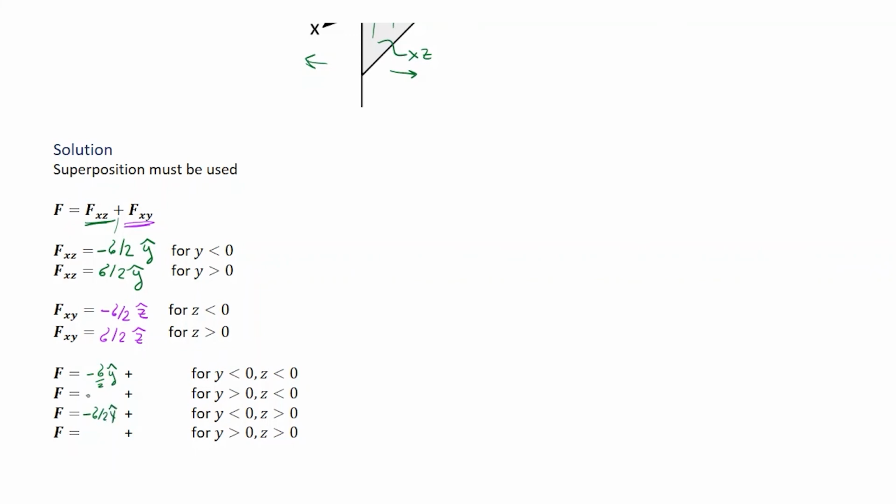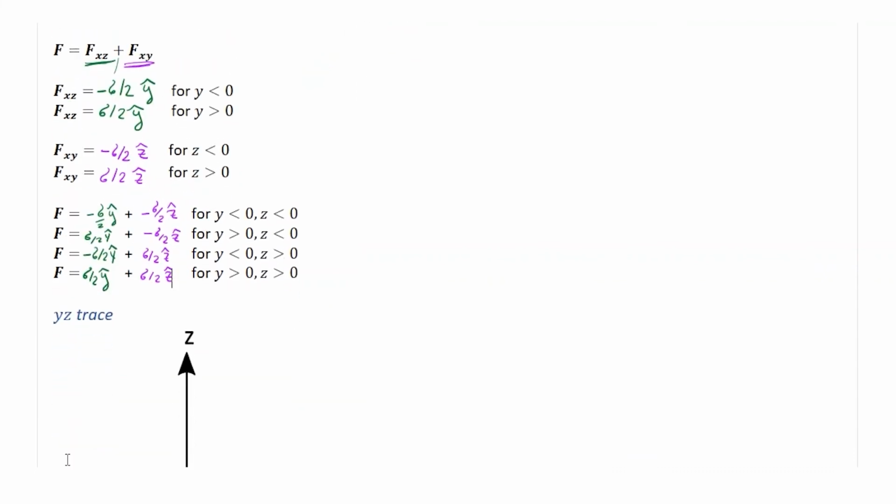For positive y, we get plus sigma over 2 y hat. For z that's negative, we get negative sigma over 2 z hat, and here we get plus sigma over 2 z hat. This was it. We actually found the field everywhere.